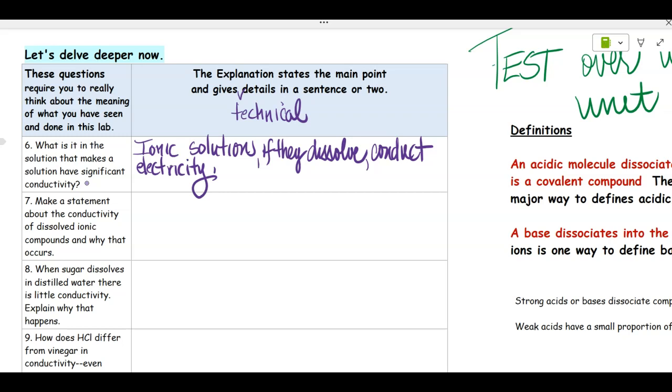And the way that an ionic solution differs from a covalent solute is in that ions. So we assume it has to be the positive and negative ions.